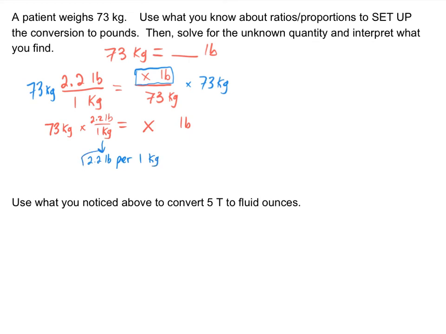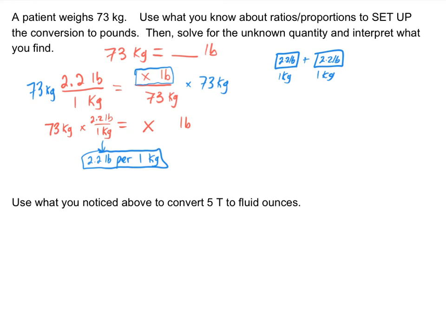So this statement here, 2.2 pounds per 1 kilogram, is saying if I had 1 kilogram, we know that the equivalent amount would be 2.2 pounds. If I had another kilogram, this would be 2.2 pounds. So we're saying that we have 73 kilograms.